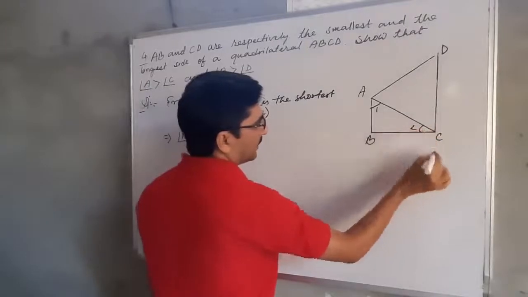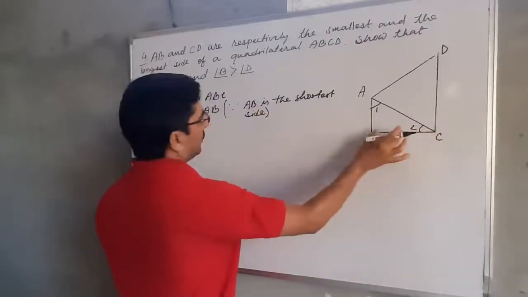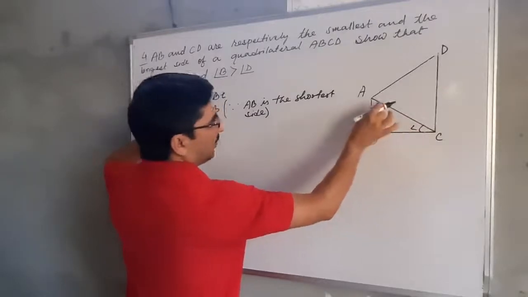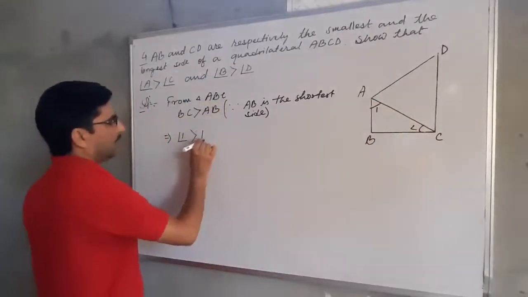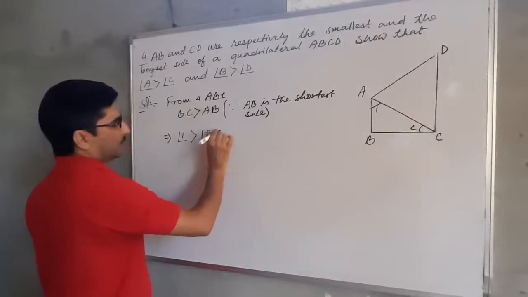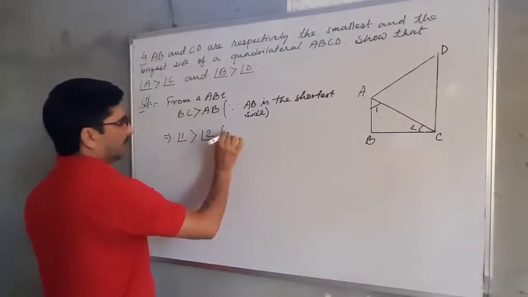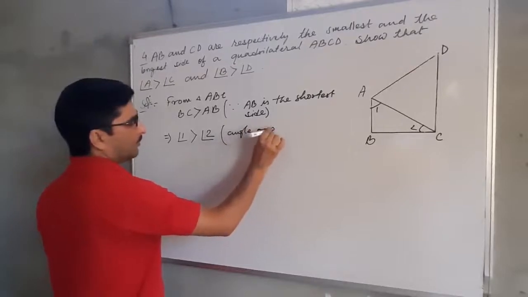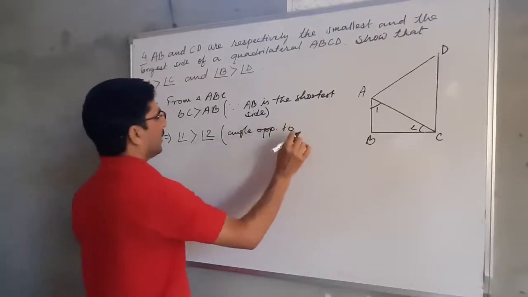The opposite angle of AB is 2, and the opposite angle of BC is 1. So angle 1 is greater than angle 2. Why? Because the angle opposite to the greater side is greater.